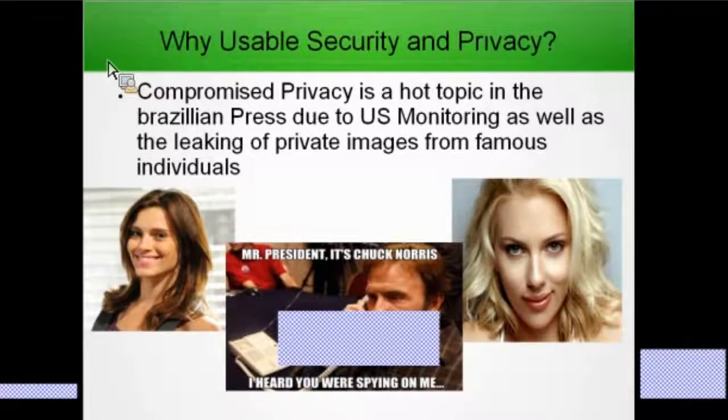We have a famous case here of an actress who got her pictures leaked on the internet, and actually it was a good cause for creating a law to try to arrest those criminals that compromised the information of this actress. We had another case for another actress.